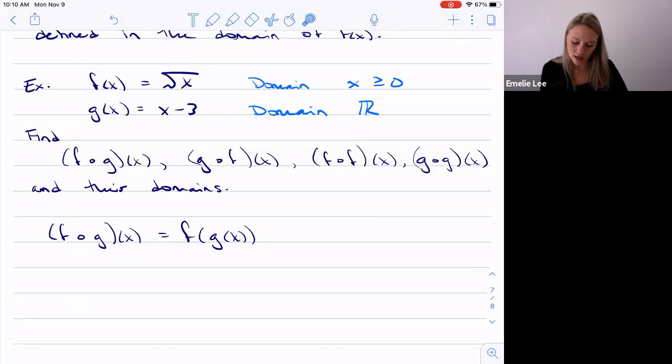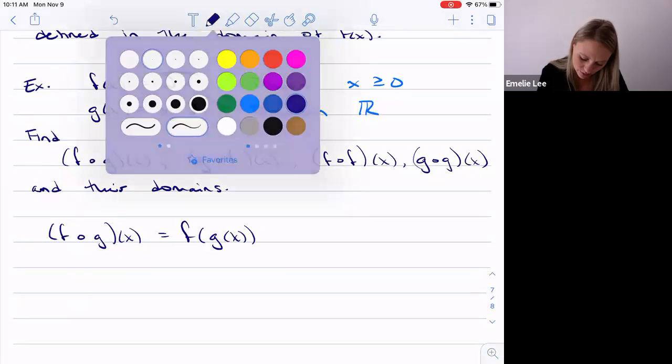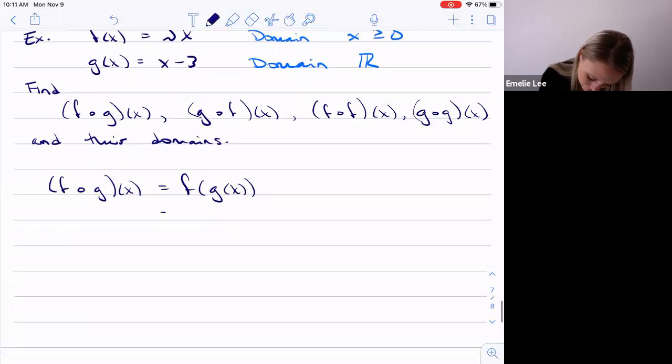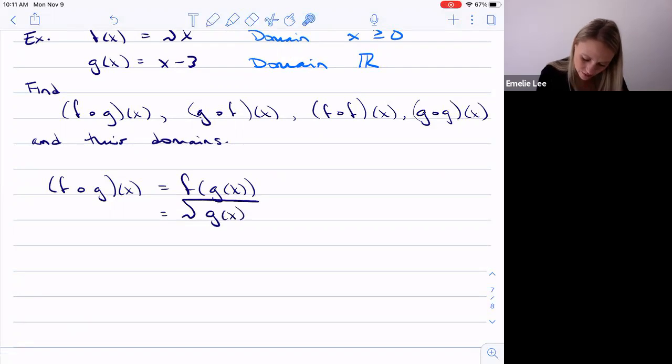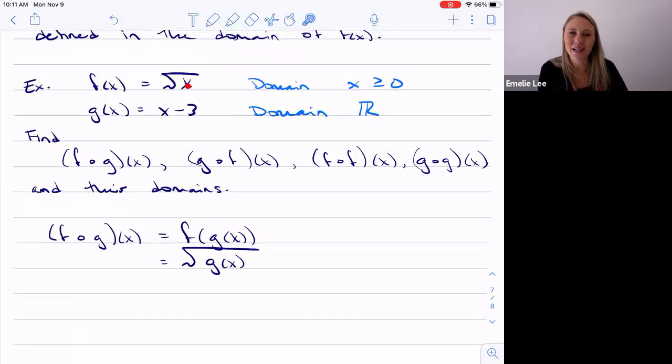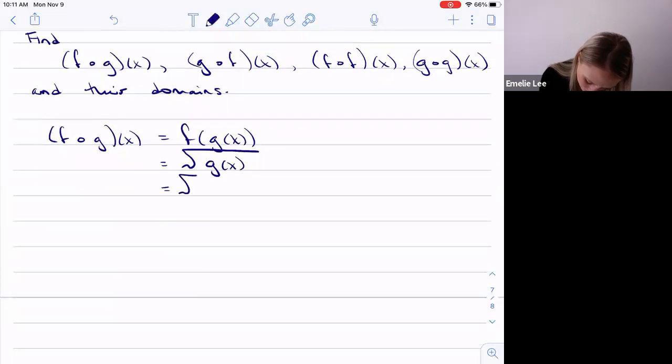So I'd like to replace the f with the root x and keep g of x. So rewrite f of x as the root of g of x, just replacing any x's in f of x with g of x. And then I can look at g of x and replace the g of x with x minus 3. So this becomes the root of x minus 3.